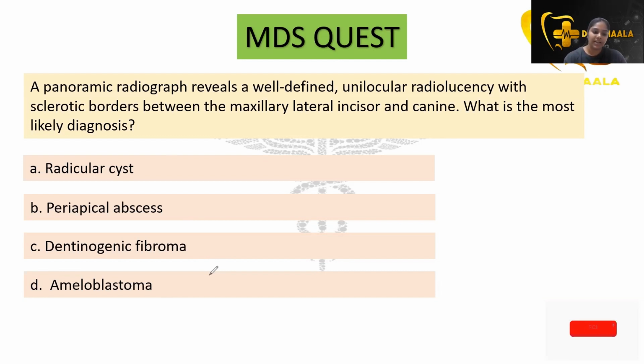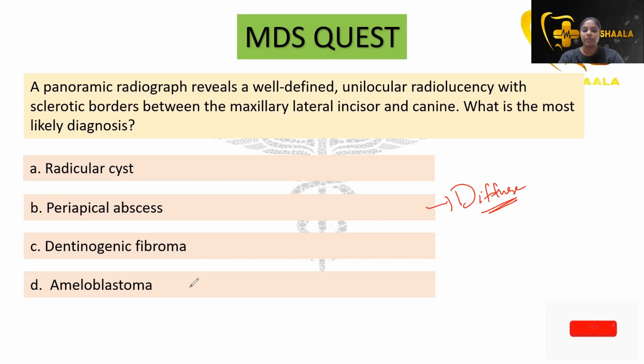And coming to periapical abscess. Periapical abscess is also due to chronic pulpitis, which is an abscess, right? The abscess will have diffuse borders, as I have told you already, and in a cyst there will be a sclerotic border. And dentinogenic fibroma will have a mixed type of radiolucency.